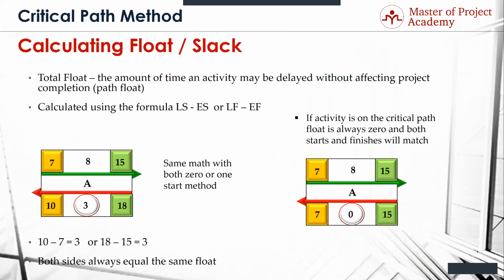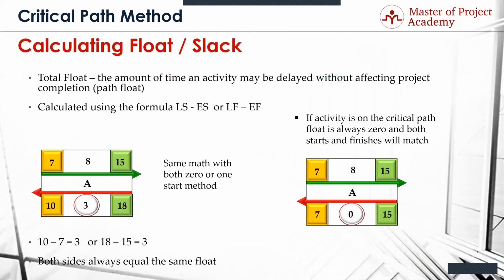Okay, now, just to show you how this works, if this activity A was a critical path activity, how much float would it have? 0. If it's on the critical path and you know what the early start is, which is 7 in this case, then you also know what the late start is. It's the same.